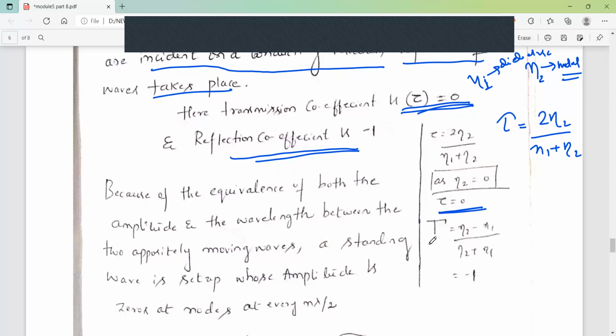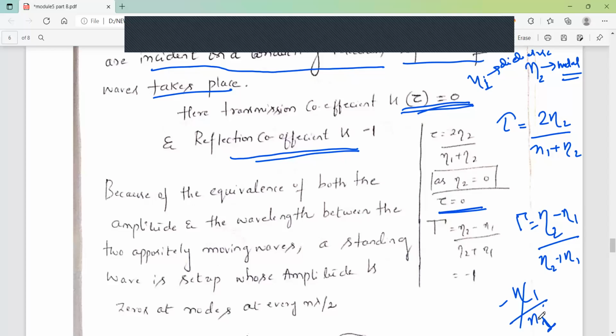Now if we go for the reflection coefficient, that is tau equal to reflection coefficient equal to eta 2 minus eta 1 divided by eta 2 plus eta 1. Here, if you put the value of eta 2 as 0, you are getting minus eta 1 divided by eta 1.